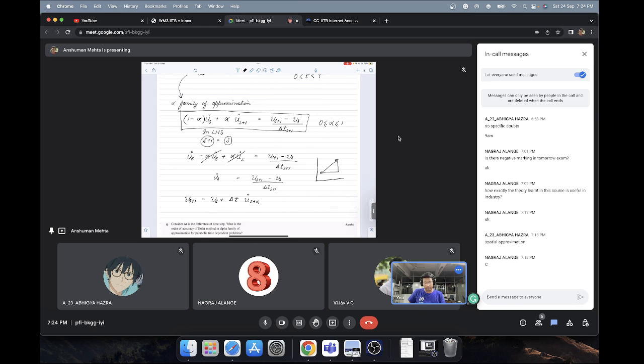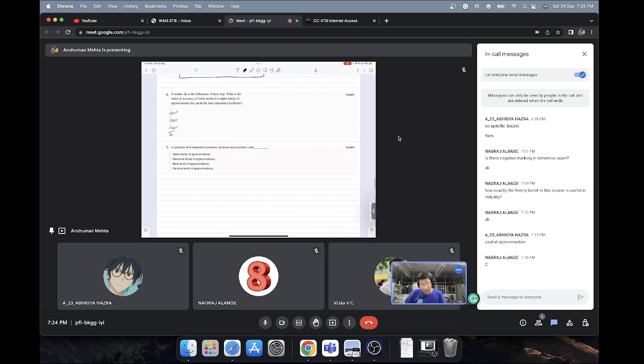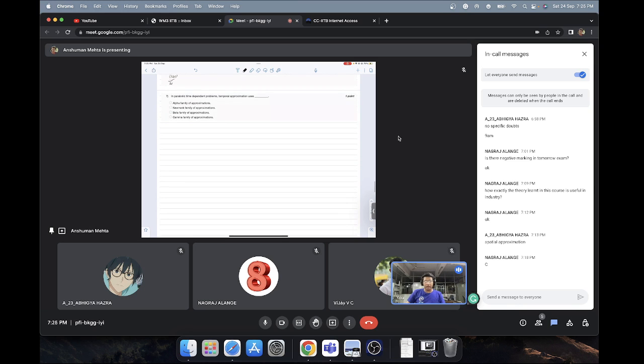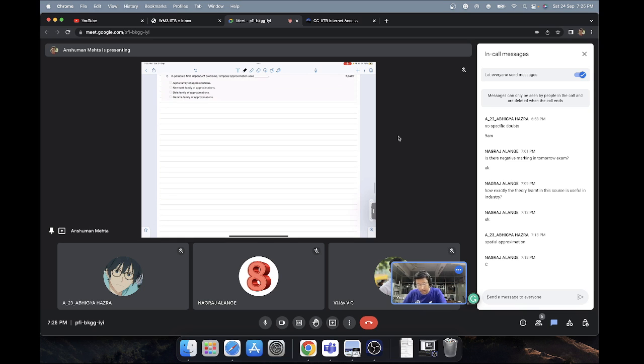So this is the full equation, these two boxed equations. Okay. Now again, in parabolic time dependent problem, temporal approximation uses, the answer is straightforward, alpha family of approximation.